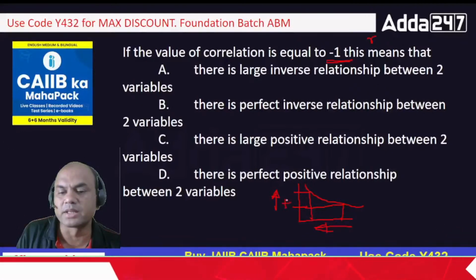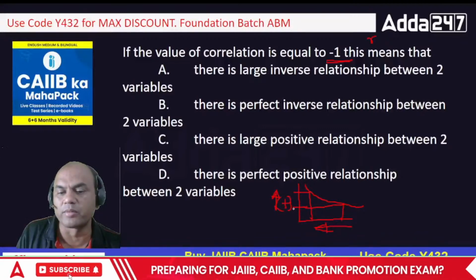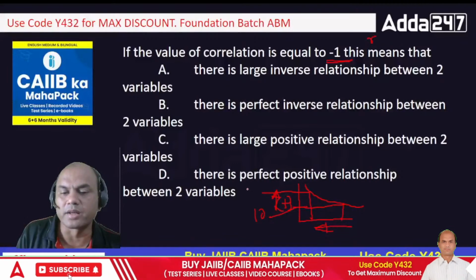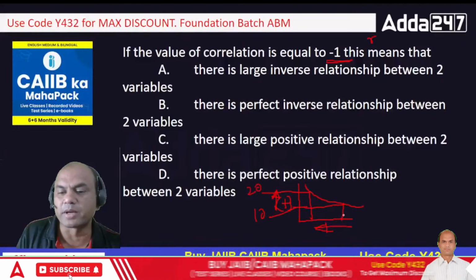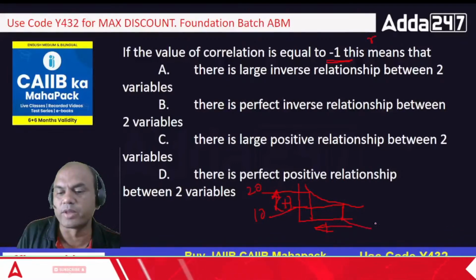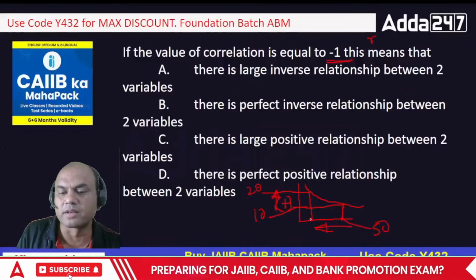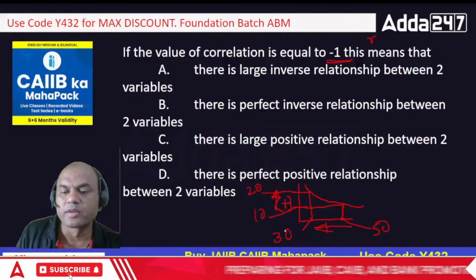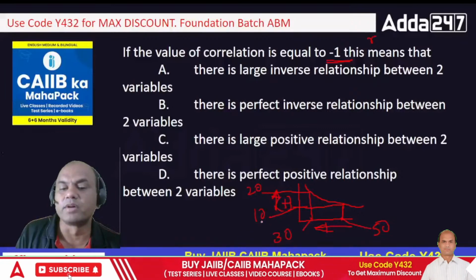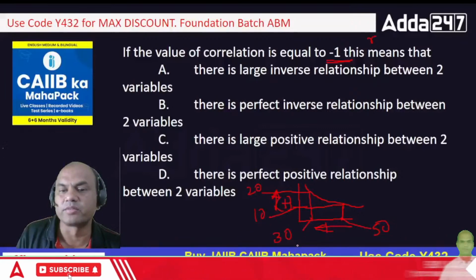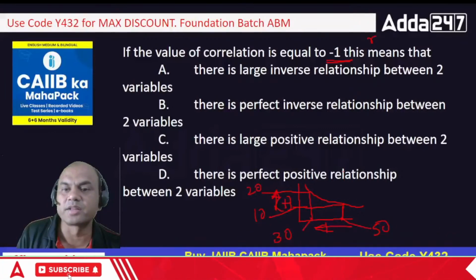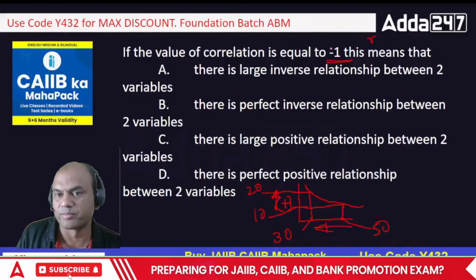See this, it went from, let's say, 10 to 20, so this part will come from 20 or 50 to, let's say, 30. One is increasing, the second one is decreasing. When such a thing happens, it is called negative correlation.